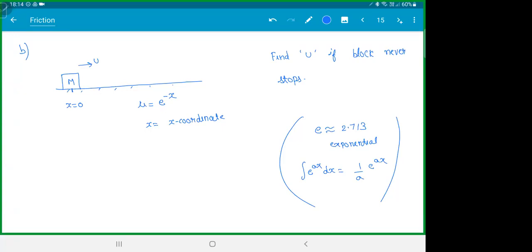Any answers? Give it a decent number. Step 1, draw the FBD, find the forces, get the acceleration. Once you got the acceleration, it is kinematics.